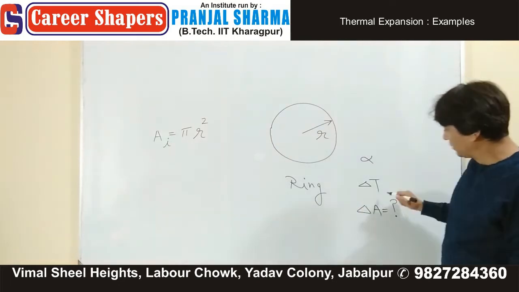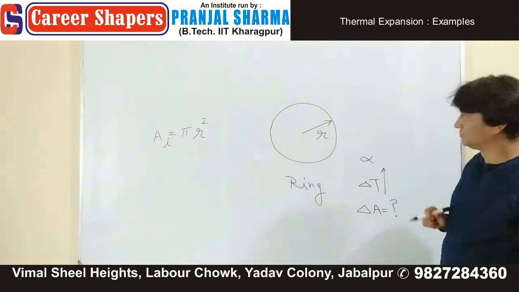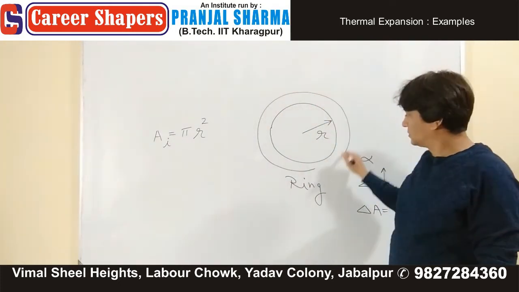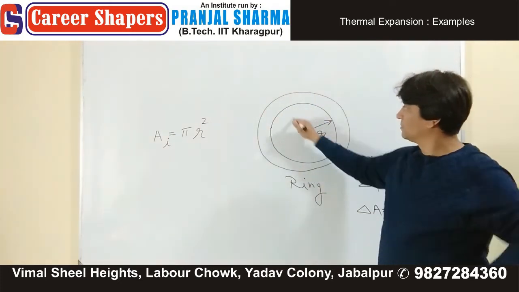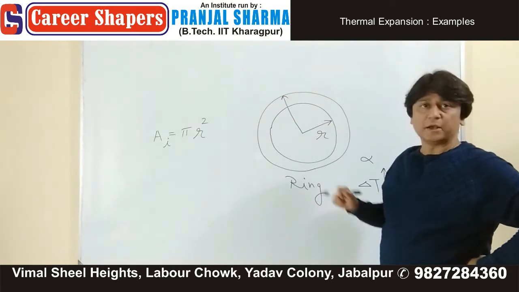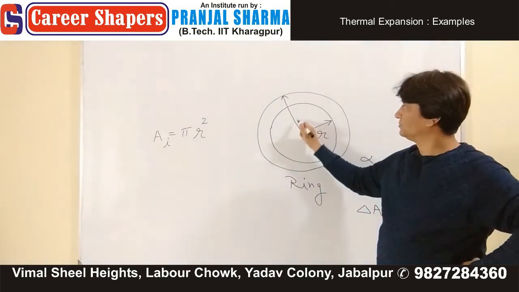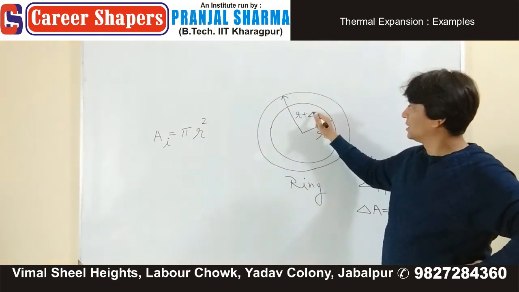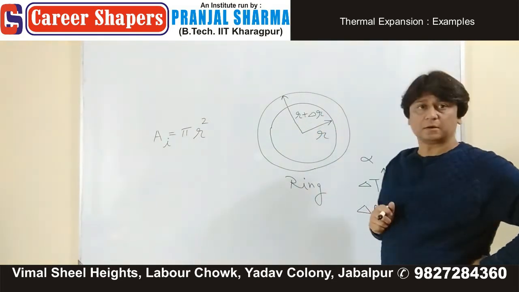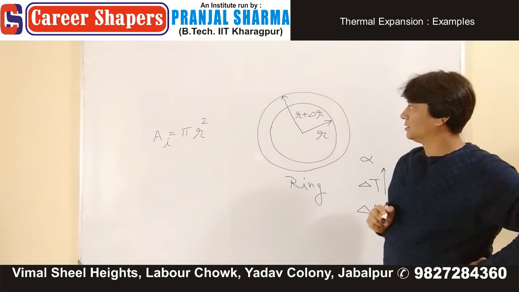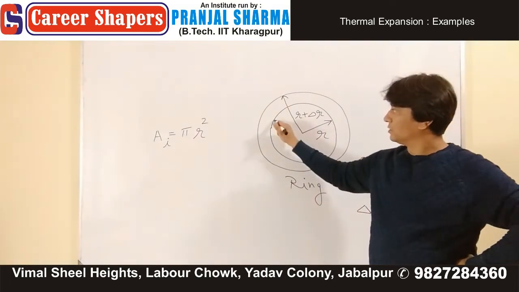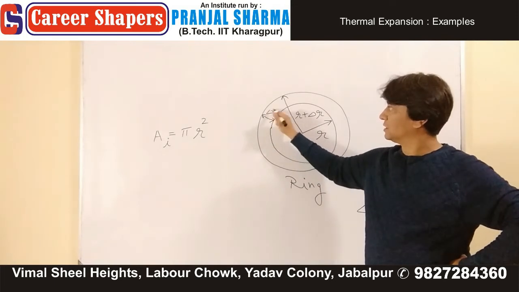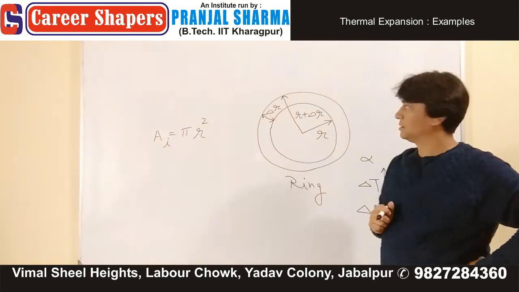Now once you increase the temperature, let's say this is the shape of the ring and its new radius is r plus delta r. This much is delta r.